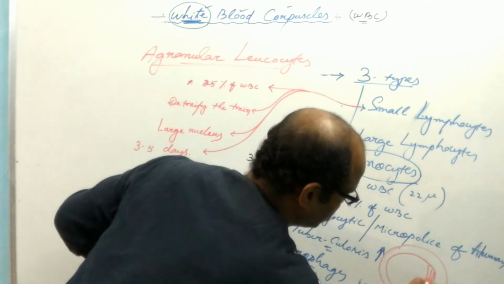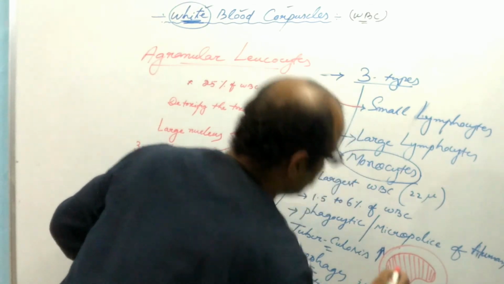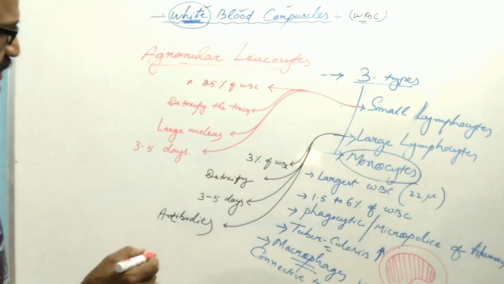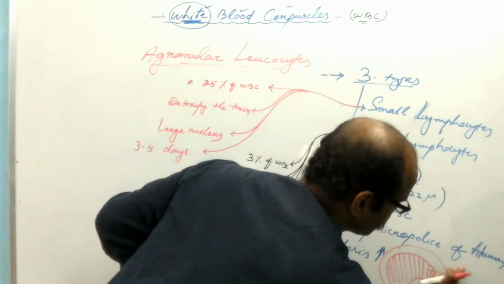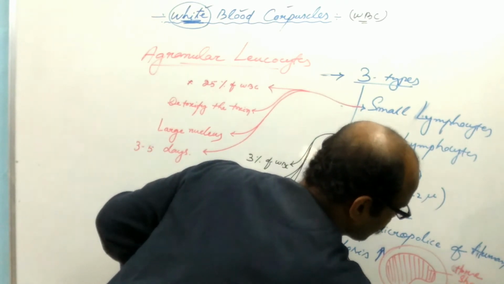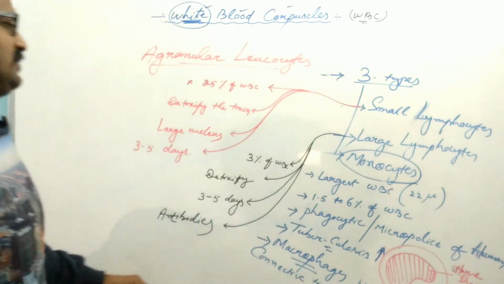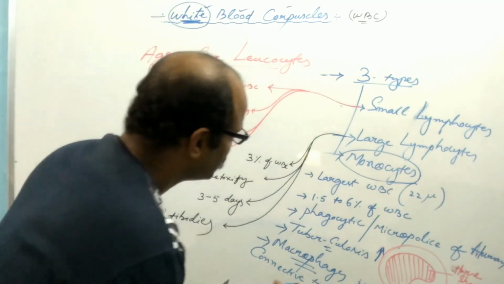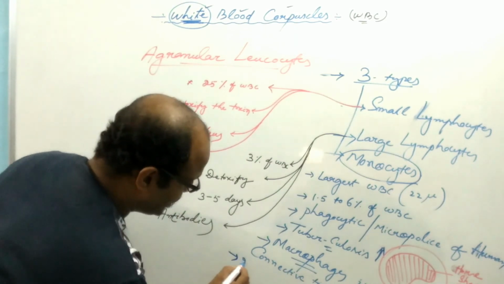So this is the monocyte, the largest WBC, having the horseshoe-shaped nucleus. The lifespan of monocyte is 28 days.